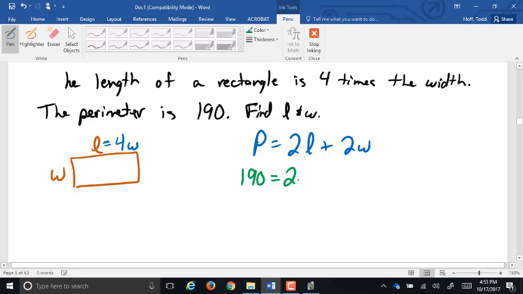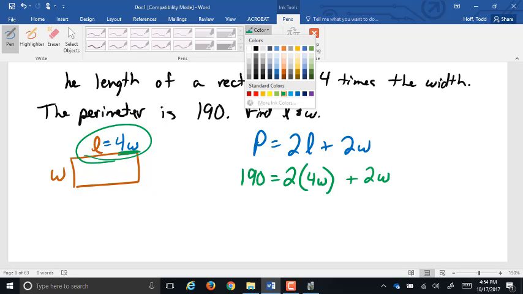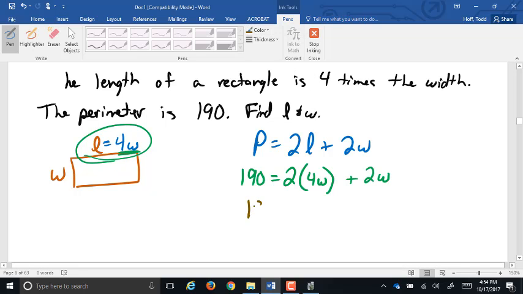Do we put anything in for L? Perfect. We replace the 2, instead of 2 times L, it's 2 times, in parentheses, 4W. Plus, how about the 2W? That's just 2W.